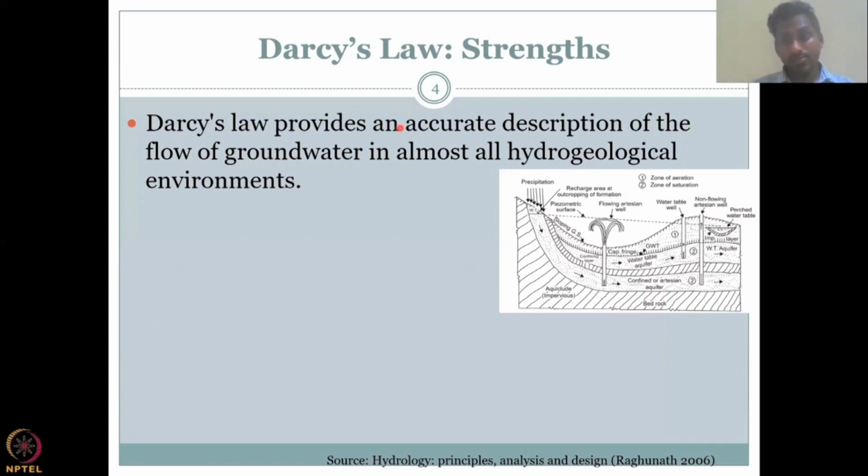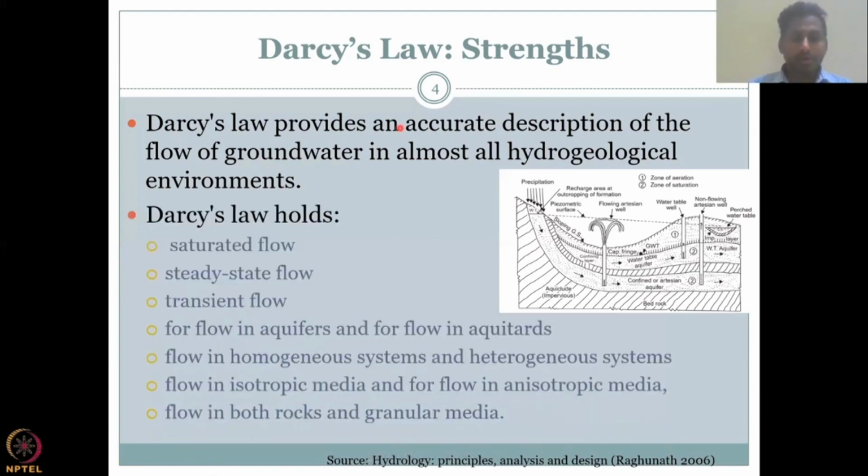So Darcy's law has provided an accurate description in all hydrogeological settings where it is mostly saturated. Where does the law hold good? Darcy's law holds good in saturated flow, a steady state flow where the hydraulic heads are kept constant so that there is always continuous movement of water, and the magnitude and velocity of the flow at a single point doesn't change over time.